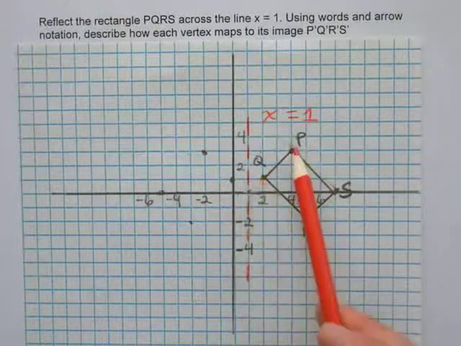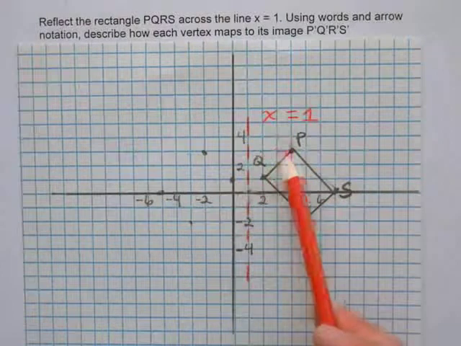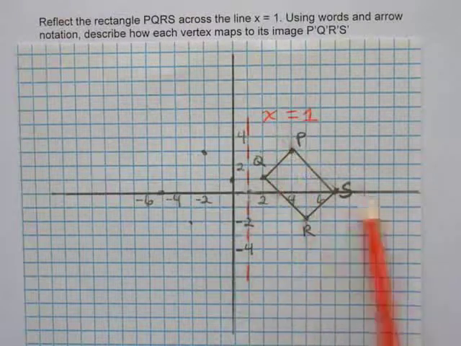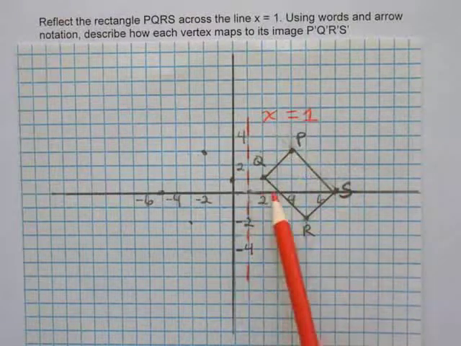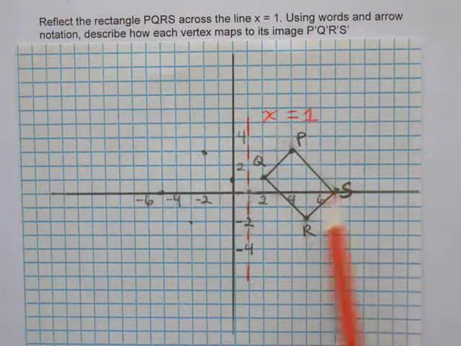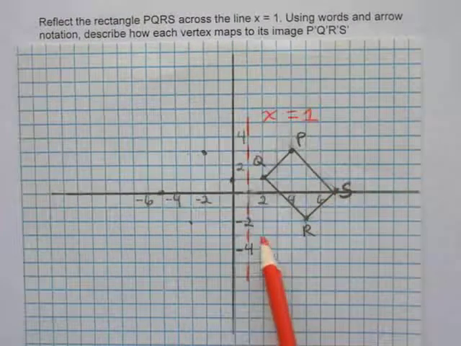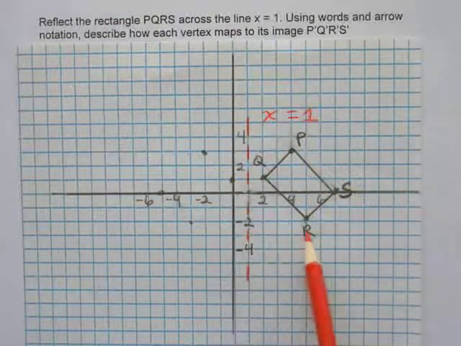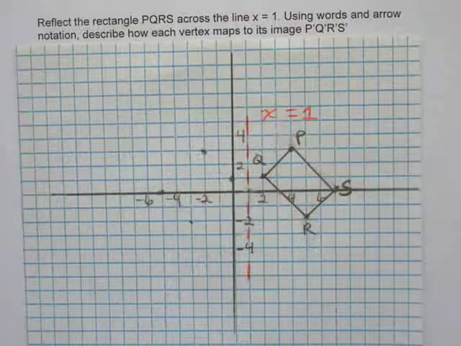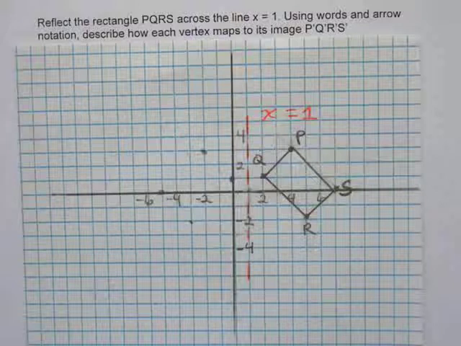The vertex P is 1, 2, 3 units to the right of the line of reflection. The vertex S is 1, 2, 3, 4, 5, 6 units from the line of reflection, and the vertex R is 1, 2, 3, 4 units from the line of reflection. That means that the image is going to need to be the same distance from the line of reflection.